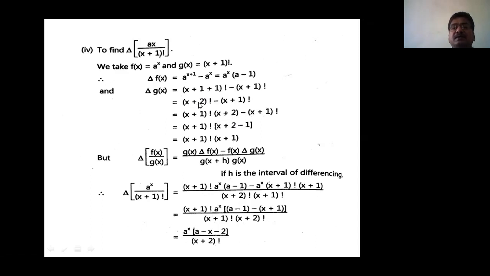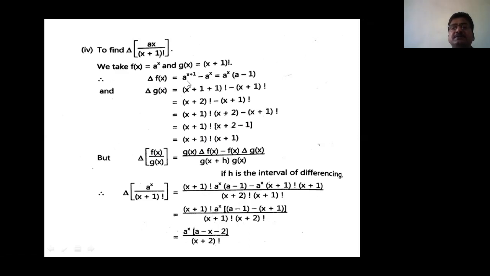So here x plus 2 factorial is written in the form x plus 2 into x plus 1 factorial. This x plus 1 factorial stays as it is; take it common. So x plus 2 minus 1 at this place, and that is x plus 1. So this delta g(x) is x plus 1 into x plus 1 factorial. And then write this rule and substitute the values. g(x) means x plus 1 factorial, and delta f(x) is this, right here.